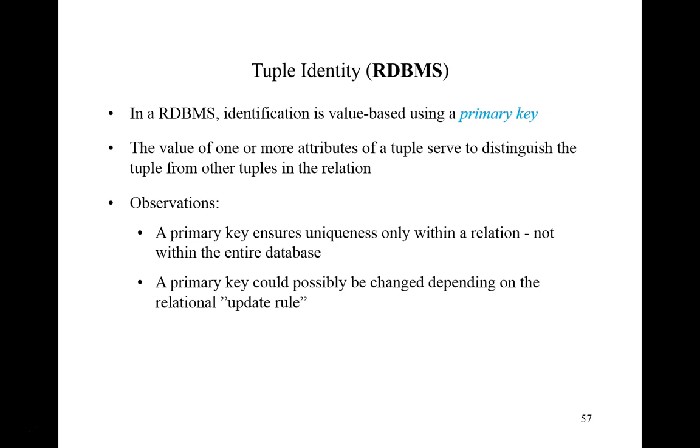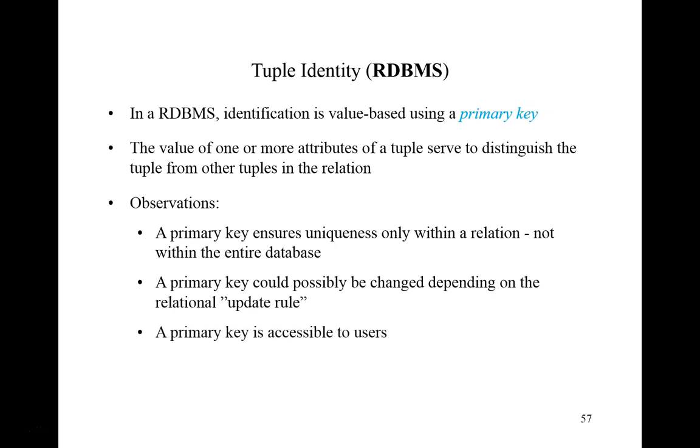An update rule refers to whether you are permitted to modify the primary key of a parent row when there are children or child rows making a reference to this parent row. Most systems impose a constraint and simply say, on update, restrict. You're not allowed to update the primary key if there are child rows making a reference to it.